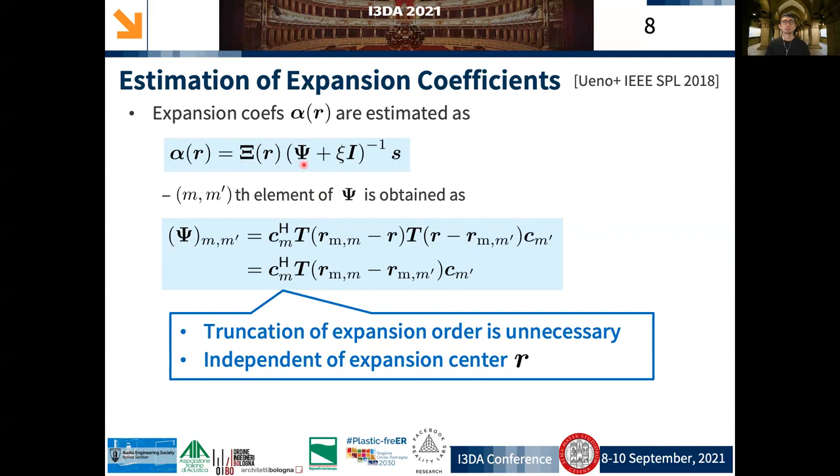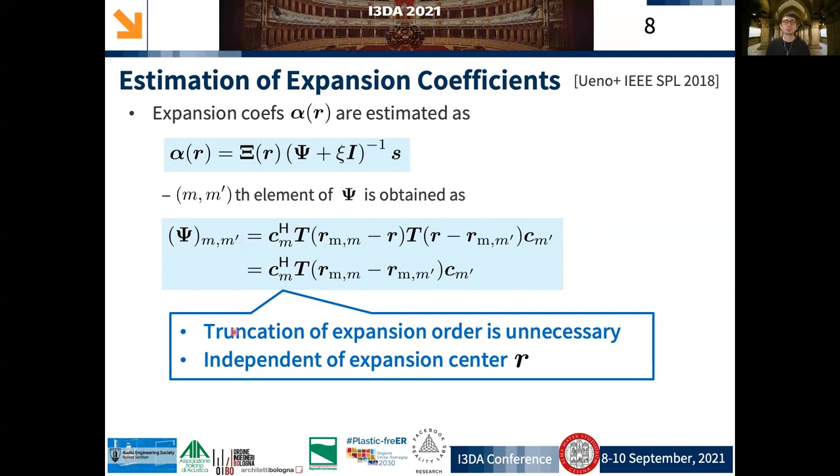It seems a simple least squares solution, but the important point is each element of this matrix psi is analytically calculated as in this equation. We use some properties of the translation operator to obtain this. And this estimator has some important properties.